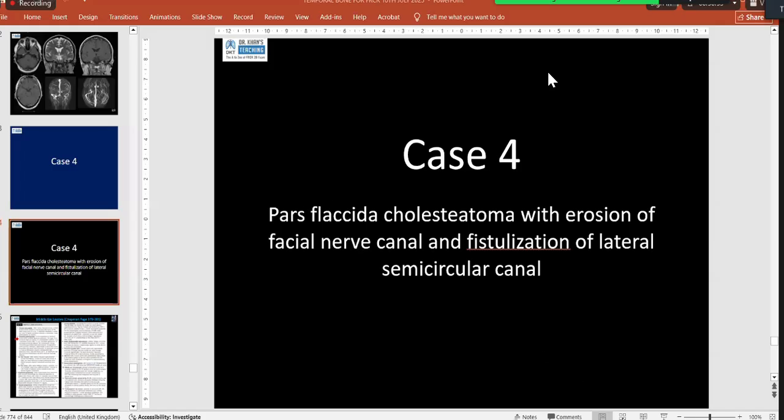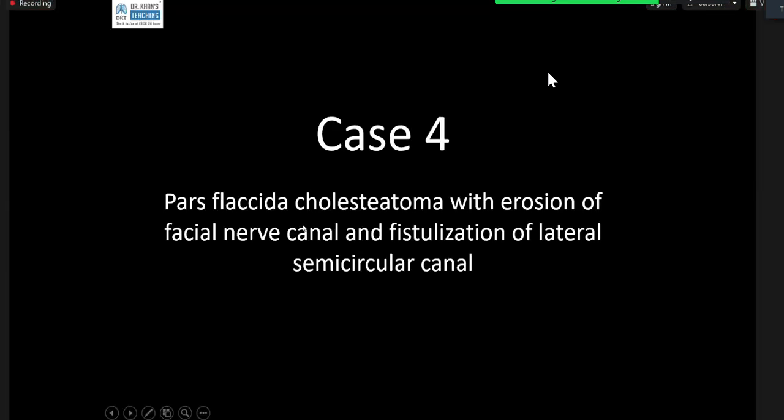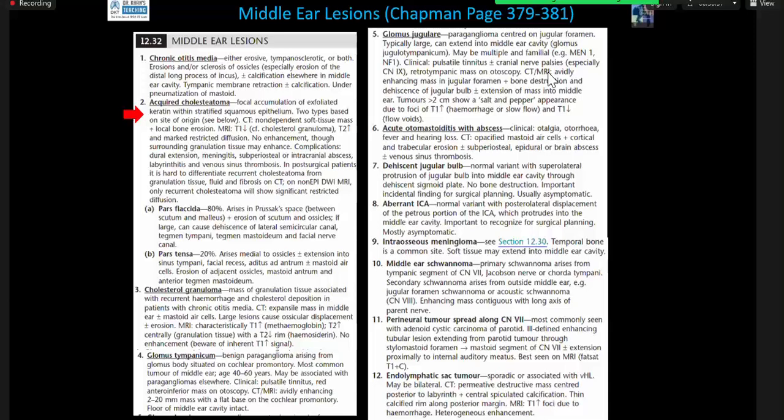The correct thing is that this is a pars tensa cholesteatoma. So please note that there is a typo here. This is a pars tensa cholesteatoma with erosion of facial nerve canal and fistulization of lateral semicircular canal. So we will come back to this.